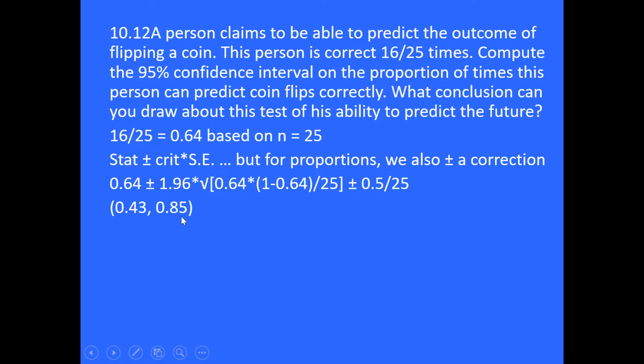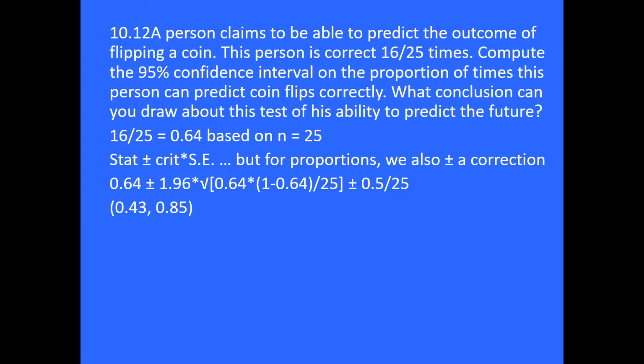We didn't talk a whole lot about how you interpret things like this, but you have to remember that the population mean, in this case this person's ability, if he tried to run this over and over, like doing the same 25 flips of the coin, is going to be in this confidence interval about 95% of the time.